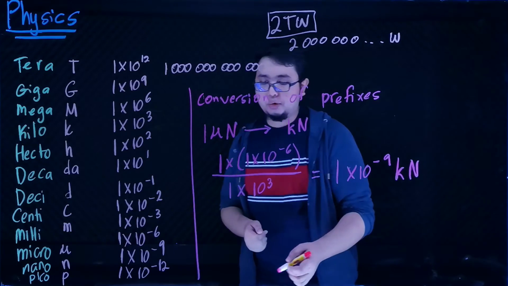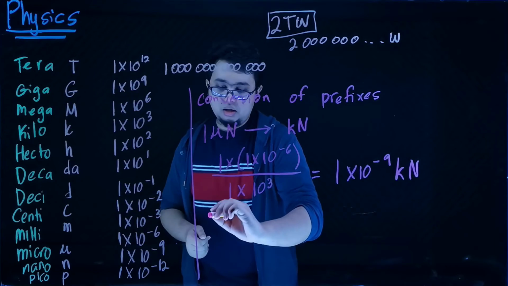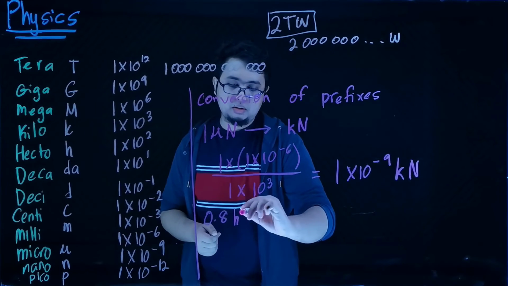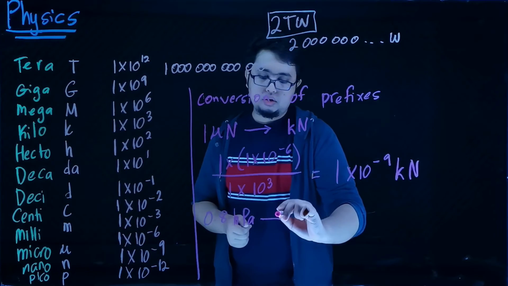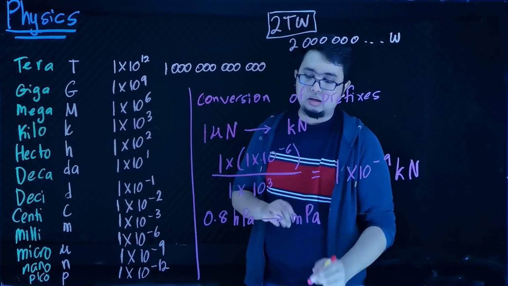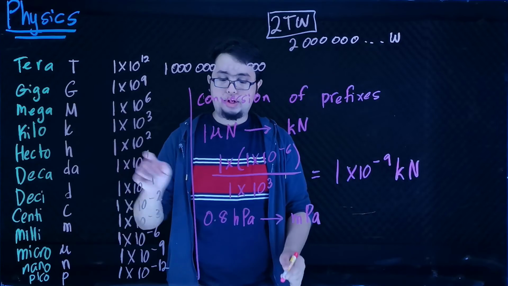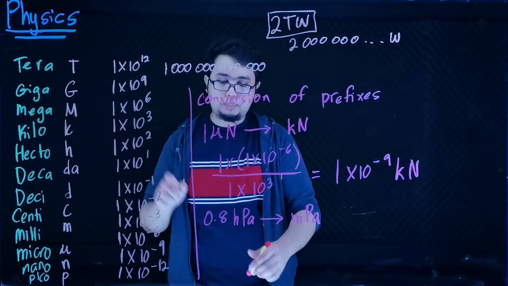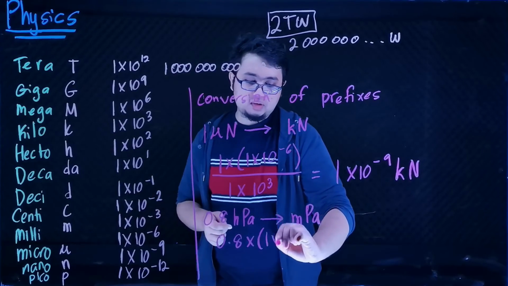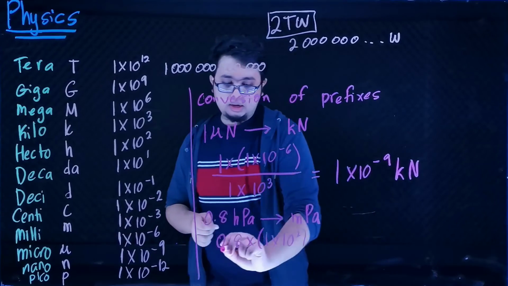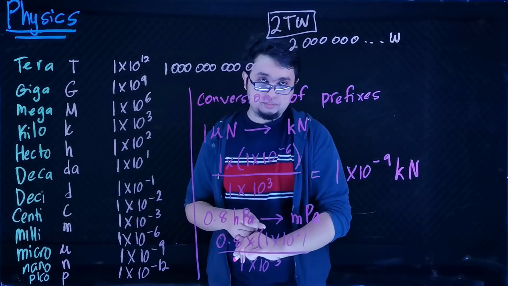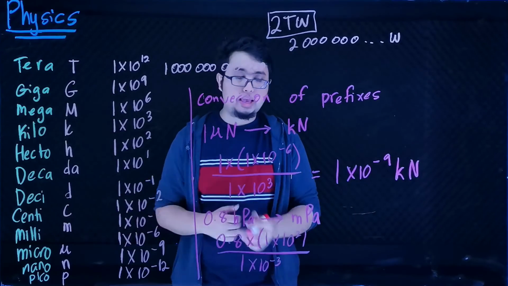So if I were to give another one, let's say I'm converting 0.8 hectopascal to millipascal. Hecto is 1 times 10 to the power of 2. So 0.8 times 1 times 10 to the power of 2, divided by 1 times 10 to the power of negative 3, because we know that milli is negative 3.